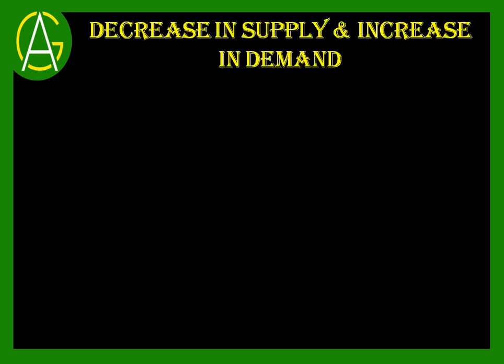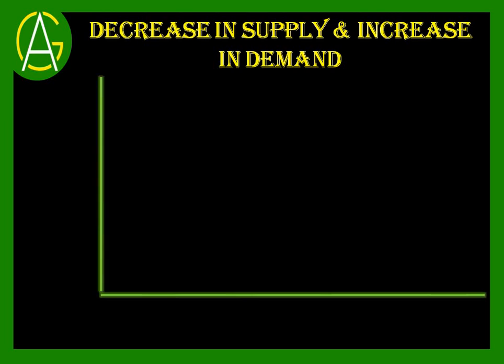Now again the new situation, decrease in supply and increase in demand. Now the supply has decreased but demand has increased. Let us see what happens. This is again x-axis, this is y-axis. On x-axis we present quantity, on y-axis we present price.